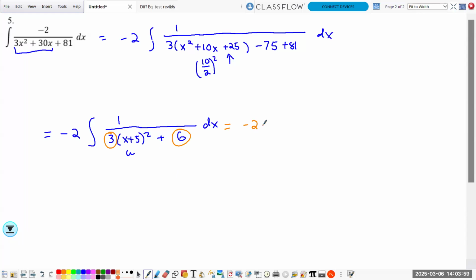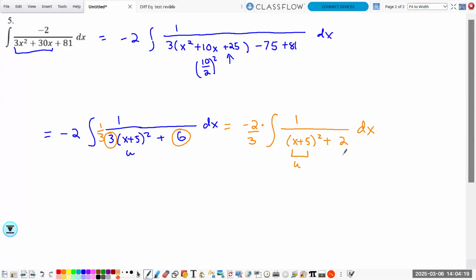So now I have -2, and I'm going to take out a 1/3 here. So it's going to become -2/3 times the integral of x plus 5 squared plus 2.